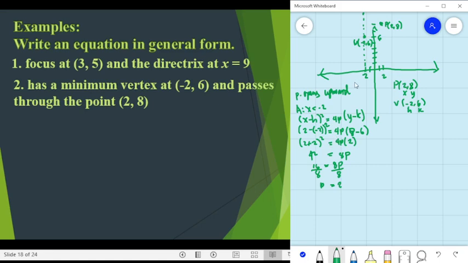So from -2, 6, count 2 units, 1, 2. So there is your focus. Your focus has coordinates -2, 6 plus 2, so -2, 8. And then your directrix would be, from the vertex, count 2 down, 1, 2.